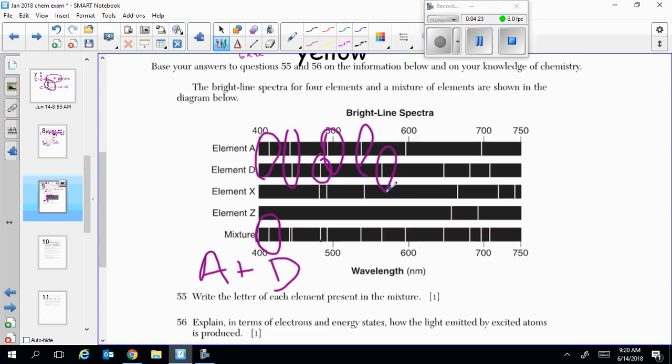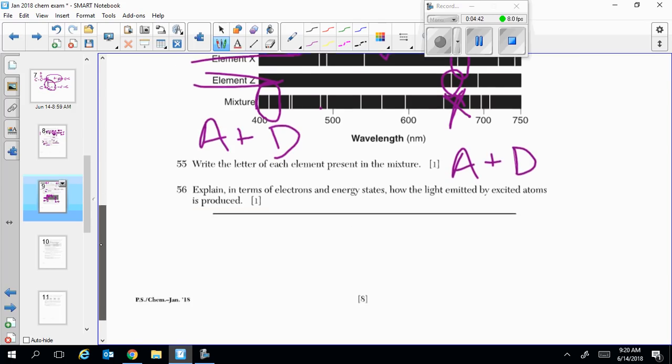I can now go across and say, all right, X. Are any of X's lines, like here's the line from X and it is not in there. So element X is not in my mixture. And Z, here's a line from Z and it's not in there. So Z is not in my mixture either. So the letter of the element present in the mixture would be A and D.